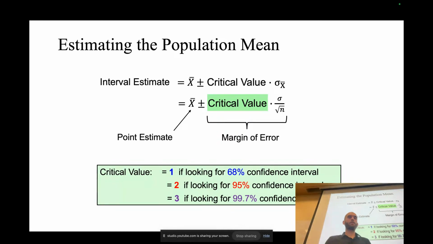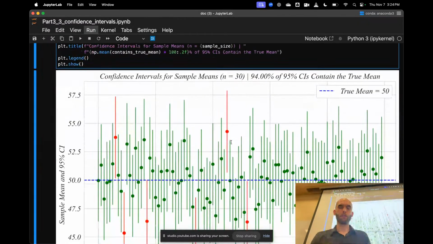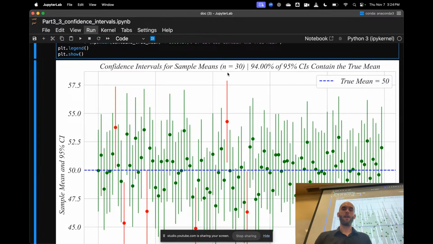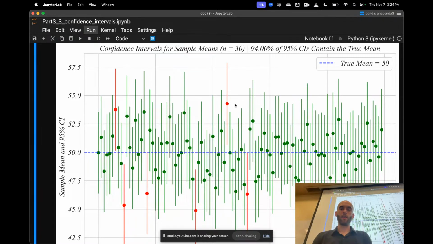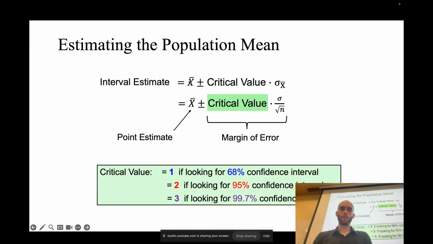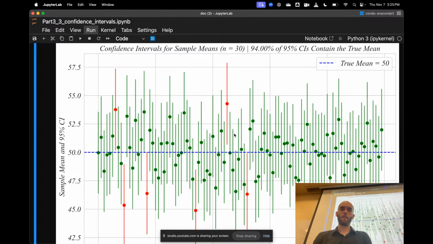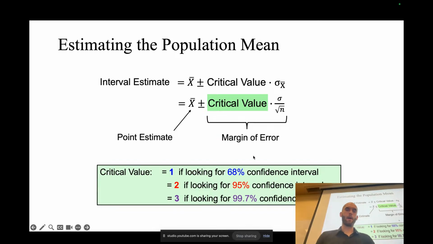So the way we construct these confidence intervals, we have our interval estimate, right? So going back to our picture, this is the picture I hope you leave class with. We have these confidence intervals around the samples, and we know the estimate, which is x bar, and then we also know the sample standard deviation, which is sigma x bar, and that's how we can get the upper and lower bounds of our confidence interval.